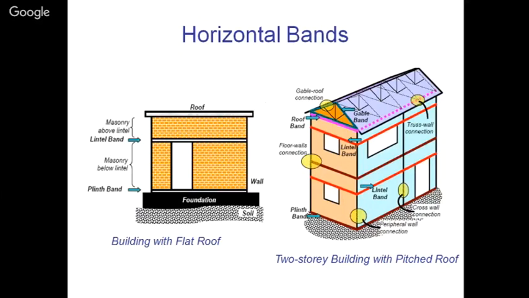The band is comprised of concrete as well as steel all around the building, with a specification of reinforcement in it. If you provide it at lintel level, that is lintel band. If you provide it at floor level, that is floor band, and truss to wall connection at roof level, that is roof band, which mainly safeguards your structure against gable wall failure.